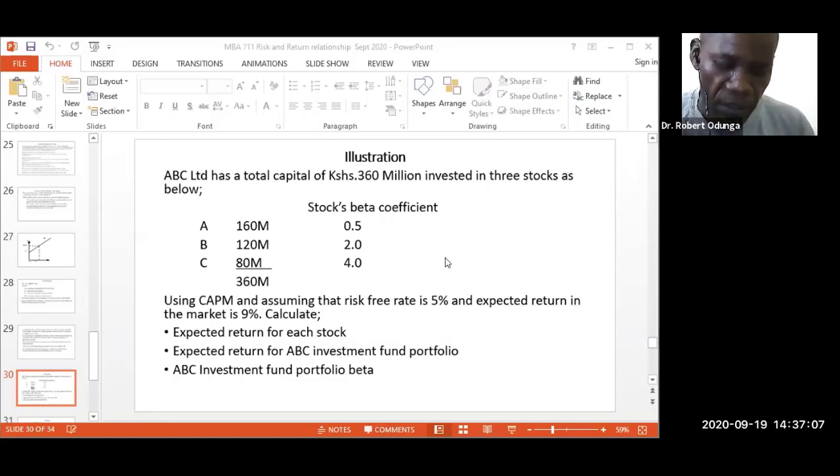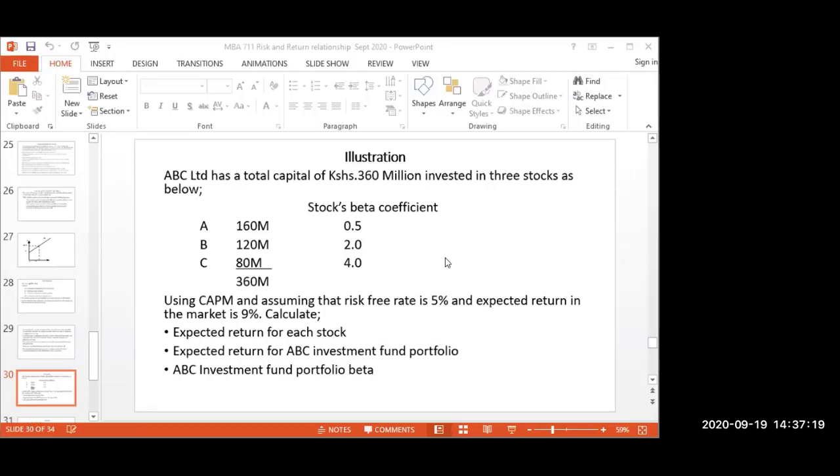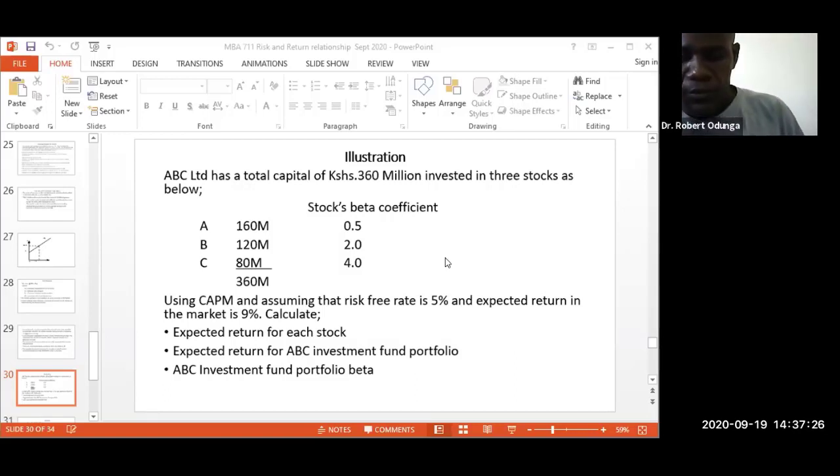And then the proportions are 160M, 120M, 80M, and then the data is 0.5, 2.0, 4.0. So you realize these are risks. That's why it doesn't have to add up to 1, just like the probabilities. Risk can be any number.